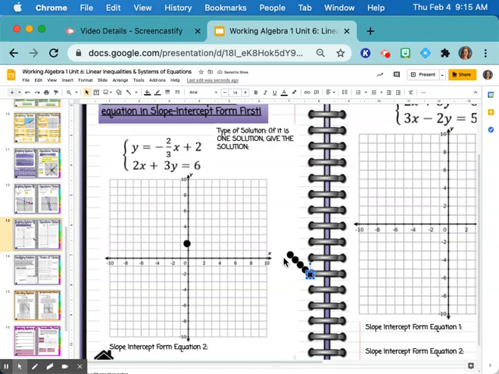Control C, Control V to get other points. So we want to do our slope. On this, it is down 2, right 3. Down 2, right 3. Next one, down 2, right 3. Down 2, right 3. Y'all check me. Make sure I did it right.